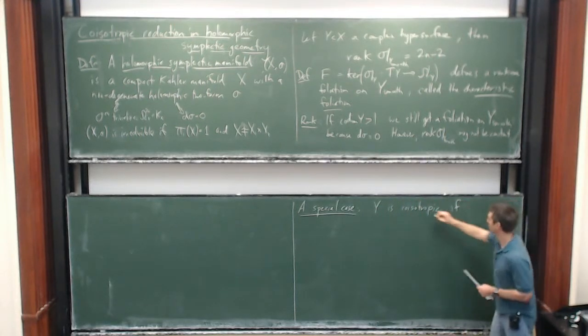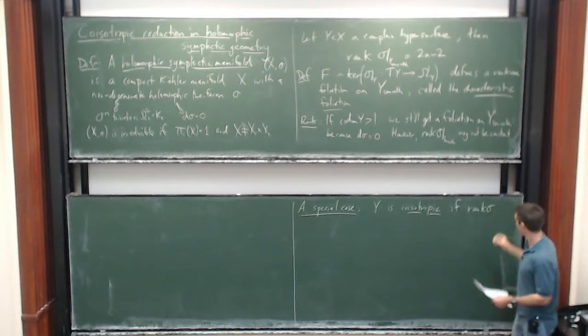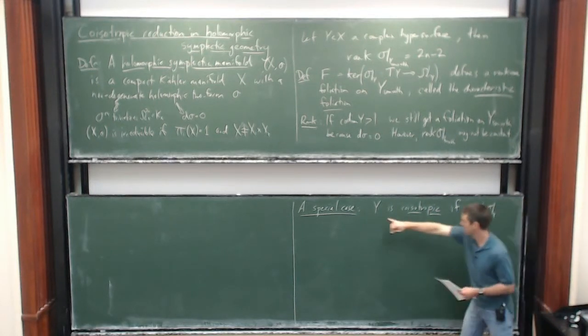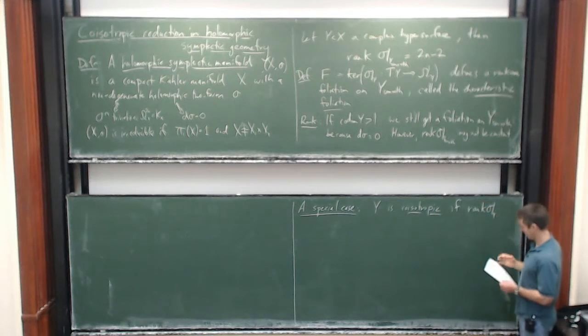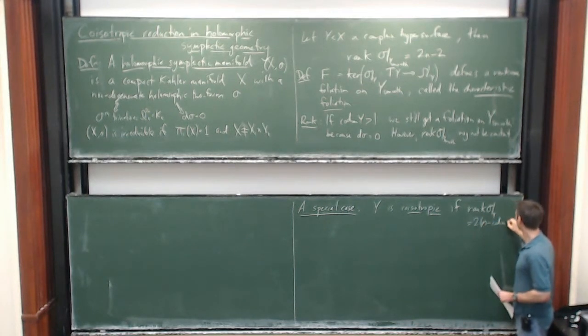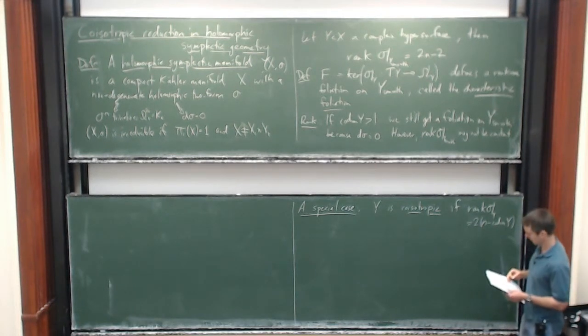So it's coisotropic if the rank of sigma restricted to Y, let's assume this is smooth now, is equal to 2n minus the codimension of Y. Okay, so X is 2n dimensional here.